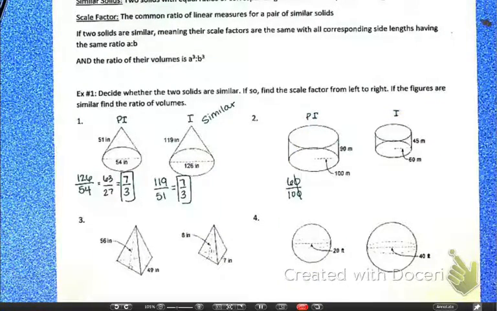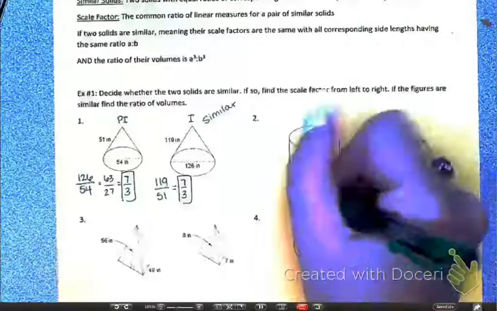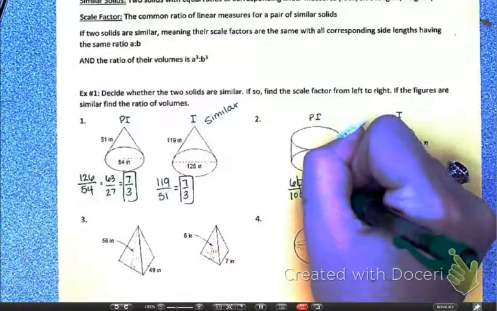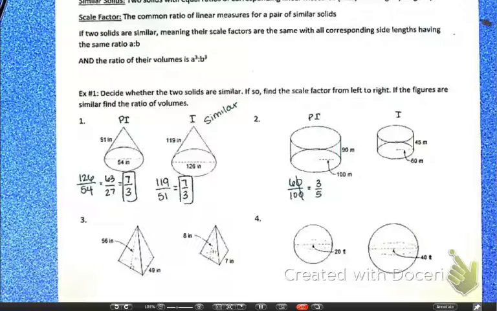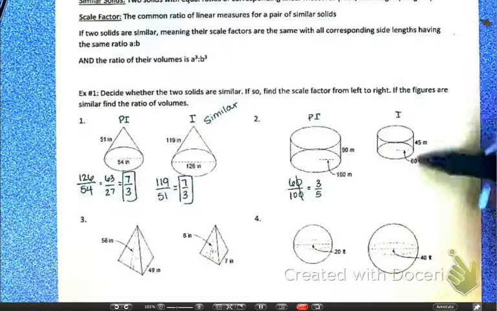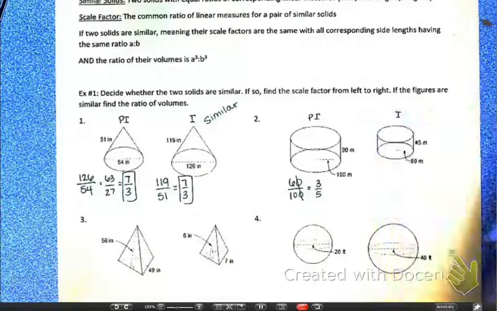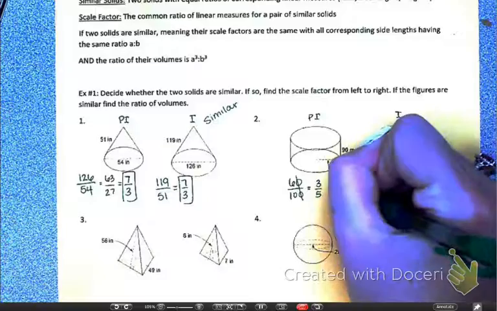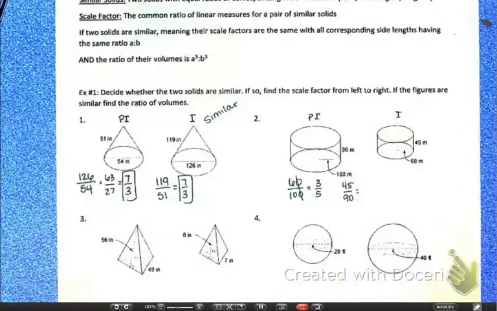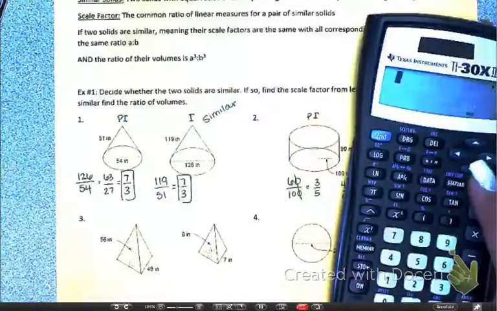So 6 over 10 reduces to what? 3/5? Okay, so that's my first ratio for the radius. Now I need to do the height. 45 over 90. What does that reduce to? 1/2.